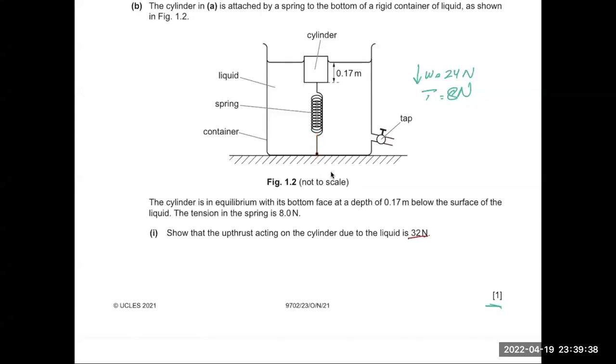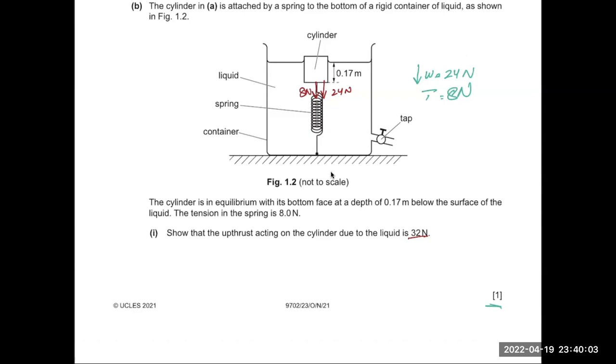So as we discussed earlier in class, the direction of tension depends on your subject. So the subject here is our cylinder. For the cylinder, if I ask you, can you mark down the forces? There's a 24 Newton force downward, which is the weight of the container, or weight of the cylinder. There's a tension in the spring that basically pulls it downwards, 8 Newtons.